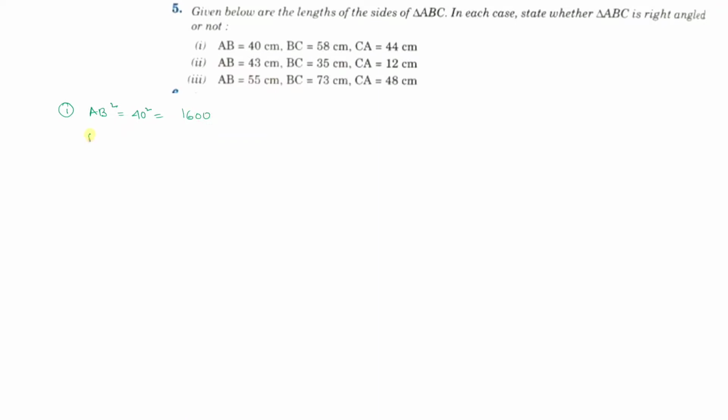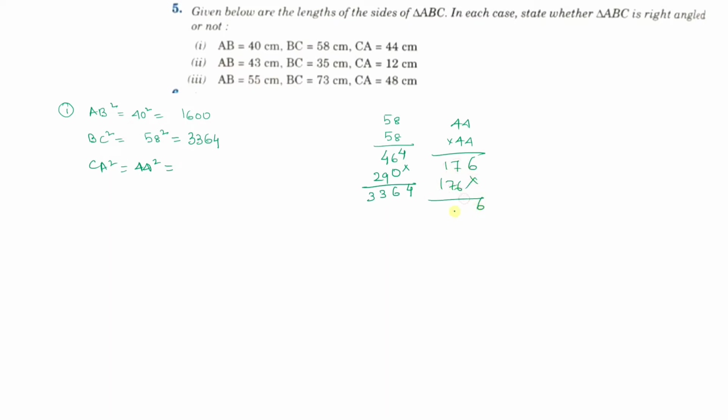Next you have to find BC square, that is equal to 58 square, meaning 58 into 58, 8 eights are 64, and so on, giving 3364. Okay, and the last one is CA square, that is equal to 44 square. So 44 into 44 is 1936. Fine, 1936.